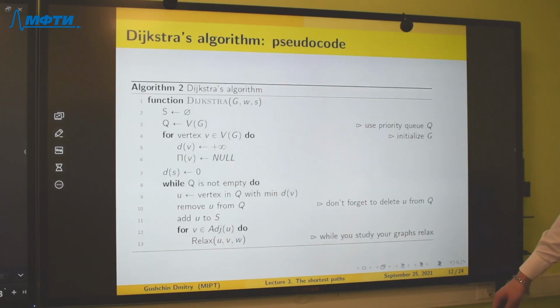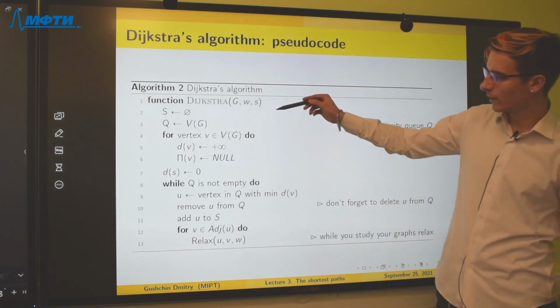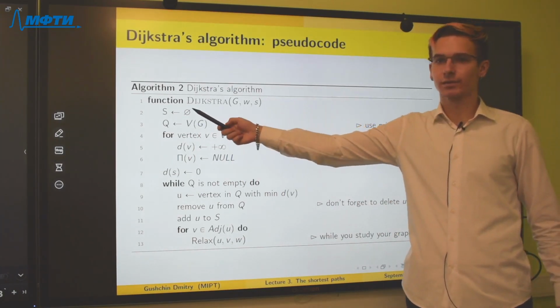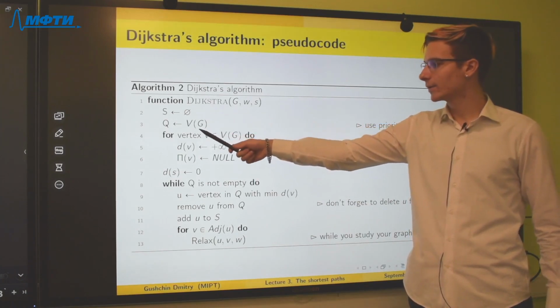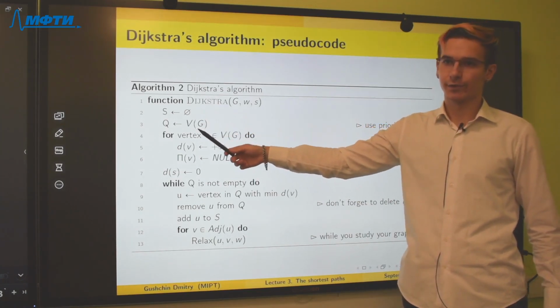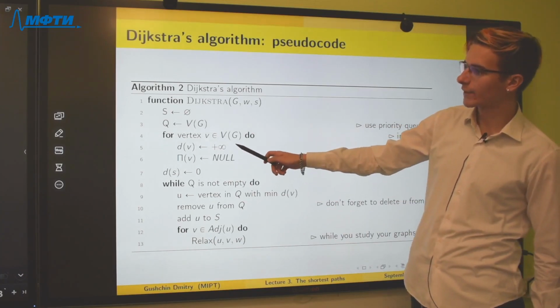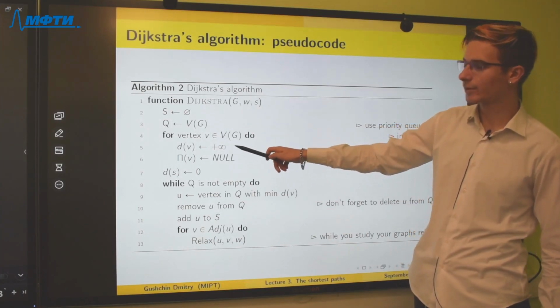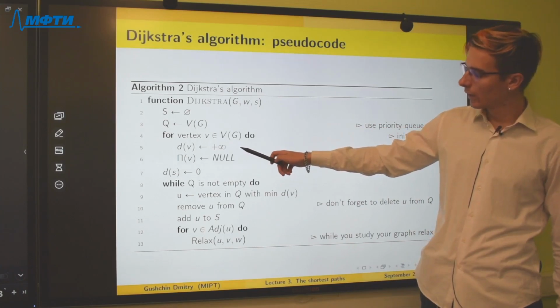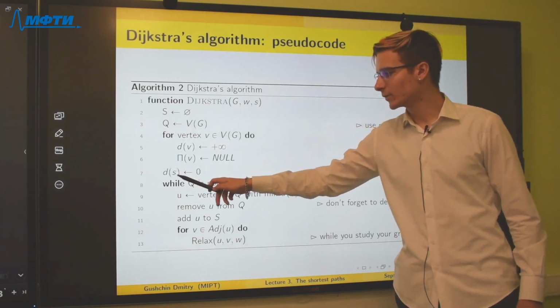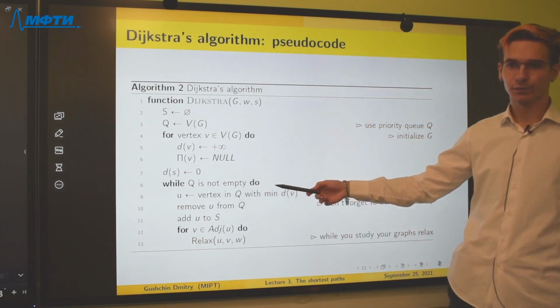Okay, and this is the pseudocode of it. You can see that initially we set S equal to the empty set and Q equal to the set of the vertices. Then we set the distance from all the vertices to the source equal to plus infinity, and the distance between source and source equal to 0.